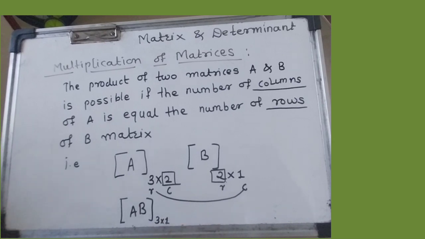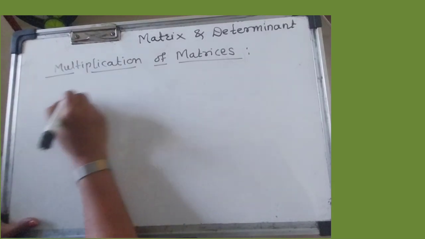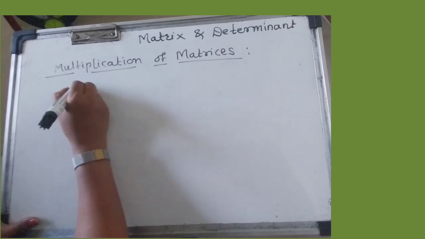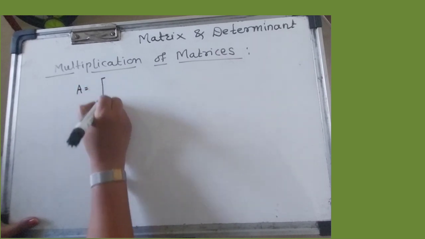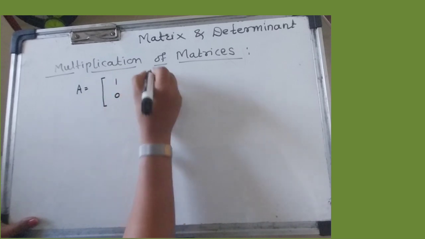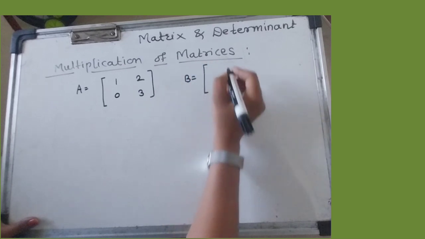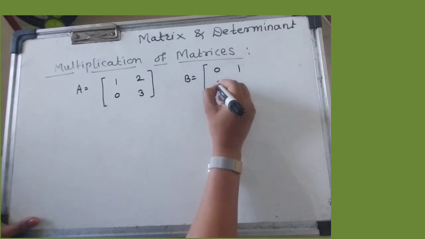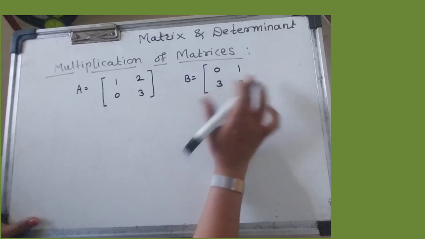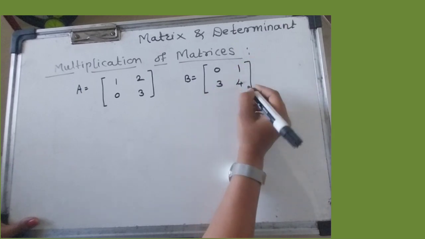Take a screenshot. I'll take one example here, simple example. Product of two matrices. Suppose A is 1, 2, 0, 3. B matrix is, suppose, 0, 1, 3, 2, 4. Whatever it may be.